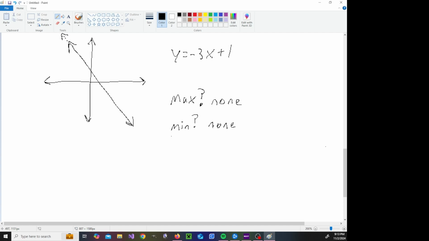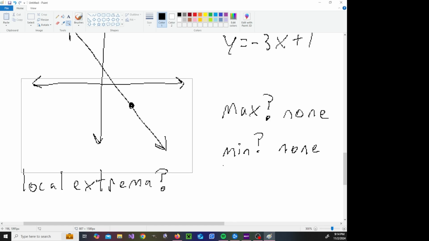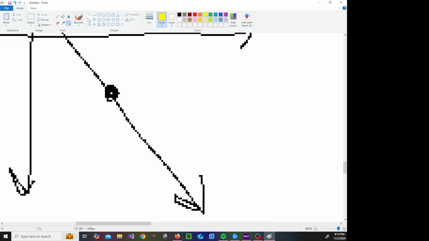But even more so, if I just picked some point, if I at least wanted local extrema, does this function have any of that? Well, no, because if I zoomed in on this function at this point, and I tried to write some box around it where I could hopefully achieve the maximum value, well, what am I going to look like?